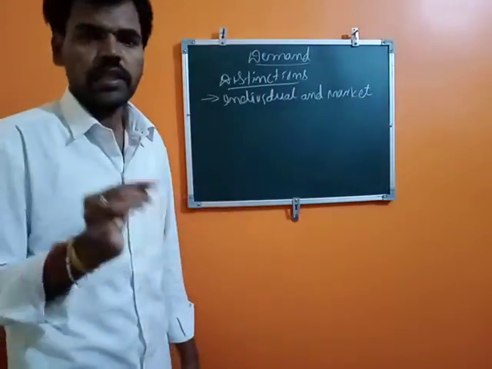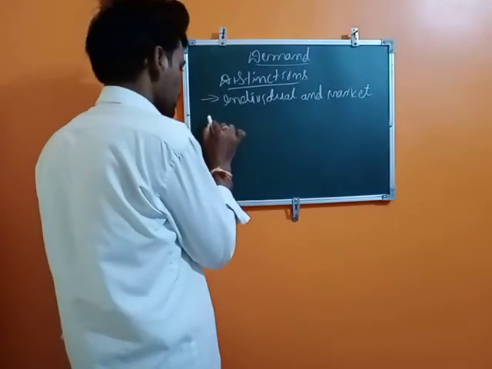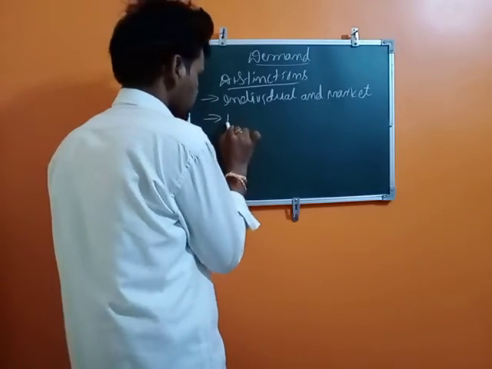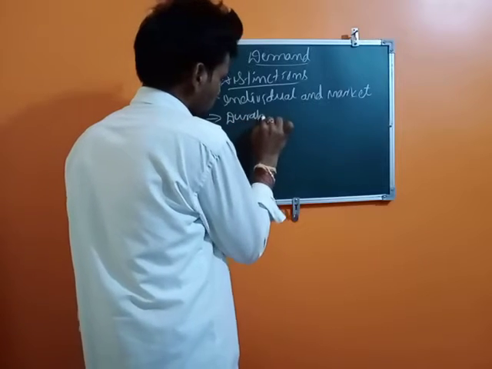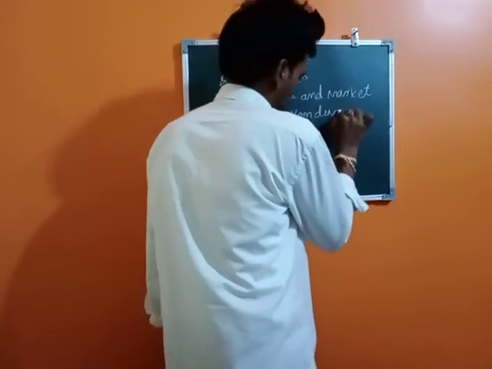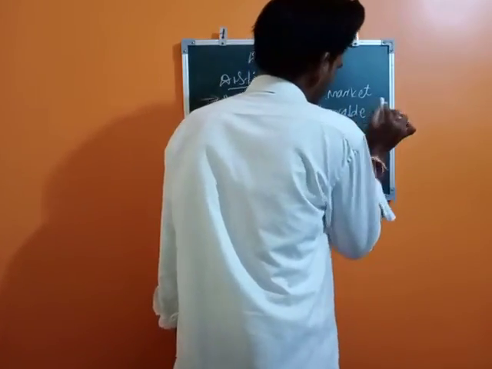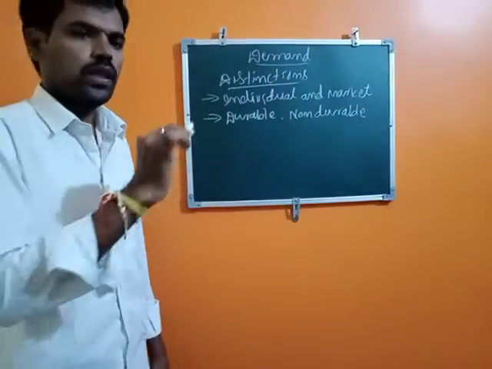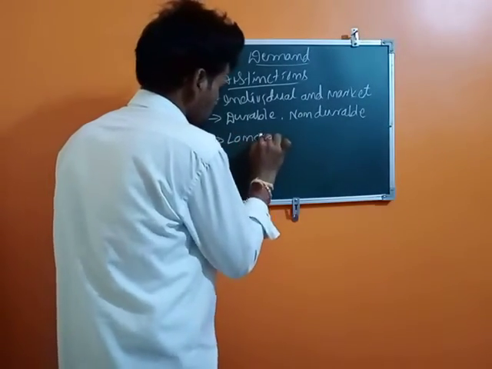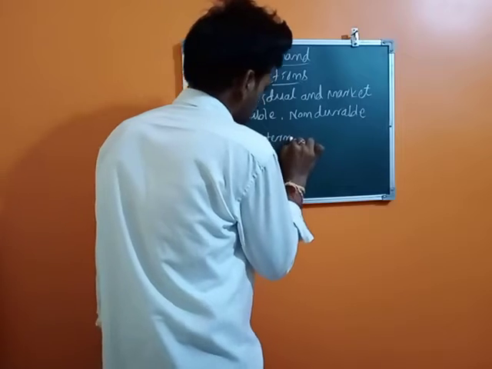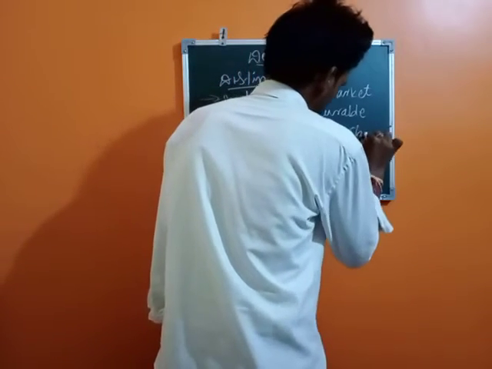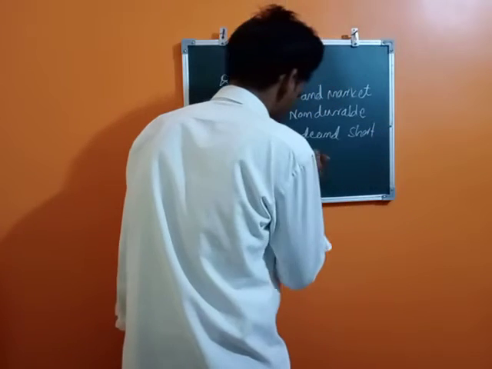The second one is durable product demand and non-durable product demand. The third one is long-term demand and short-term demand.